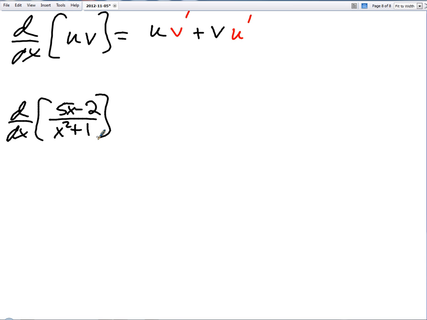Okay, there's an example of a problem that we could not have done before this section. Well, we couldn't have simplified that in a way where we could have used power rules and stuff. We've got to use the quotient rule on this one.